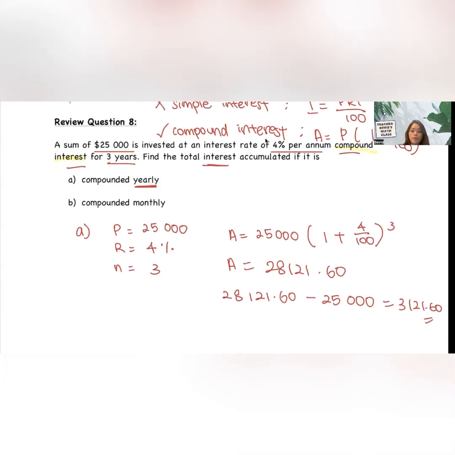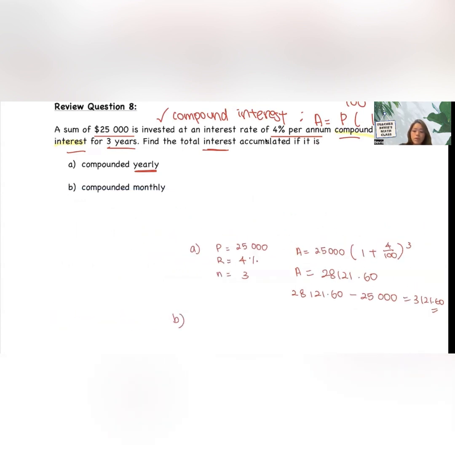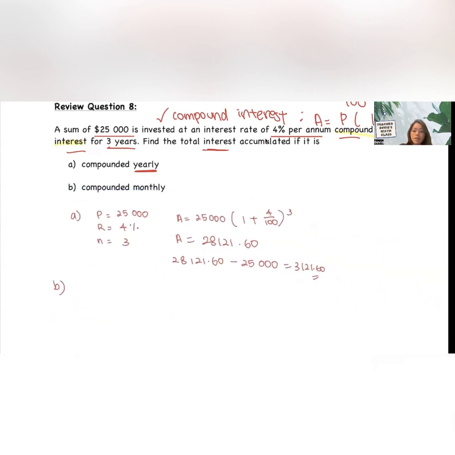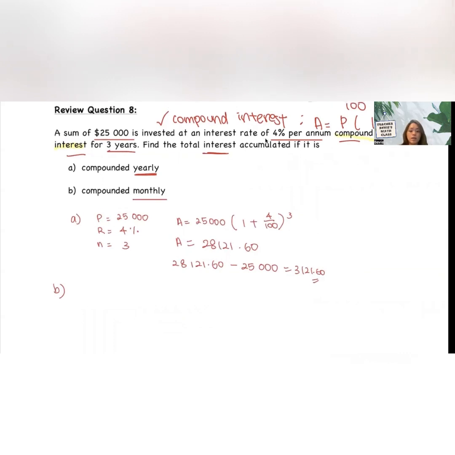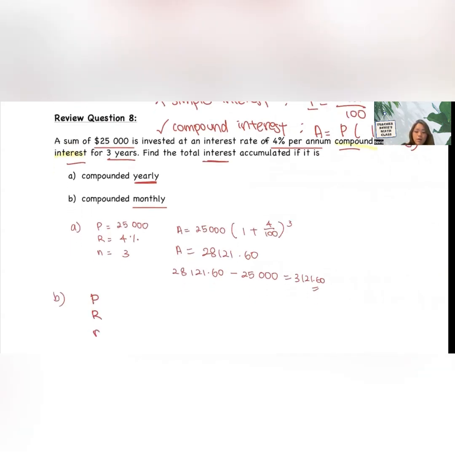All right. As for part B, the question is similar, but just that this is compounded monthly instead of yearly as compared to part A. So same thing, we will identify our P principal, R interest rate, and N interest periods.